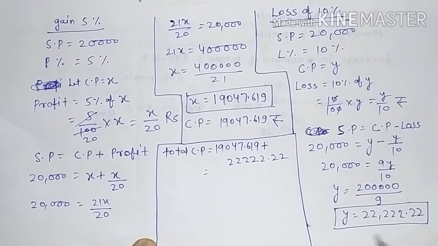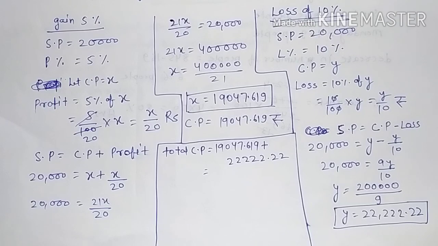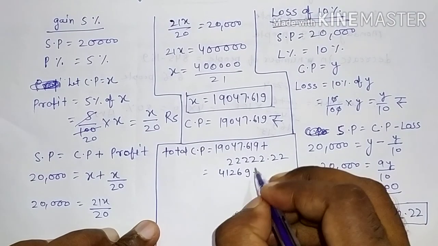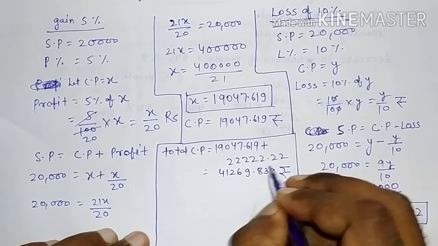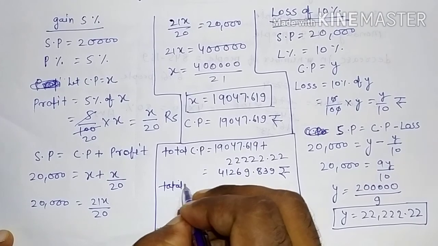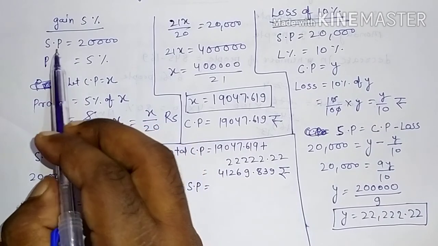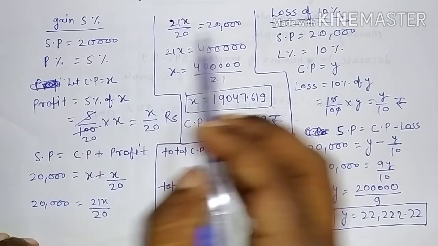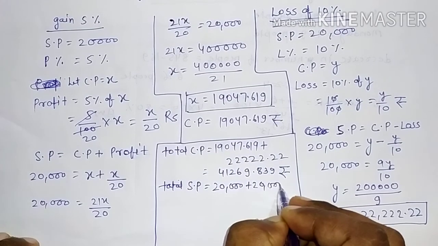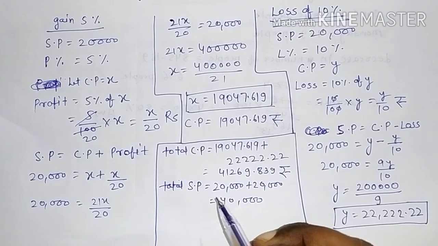So just add this. 41269.839 rupees. Now this is the total cost price of two buffaloes. Now we have to find the total SP, total selling price, and the selling price is given as 20,000 for each buffalo. So just 20,000 plus 20,000 equals 40,000. Now the total SP is 40,000.